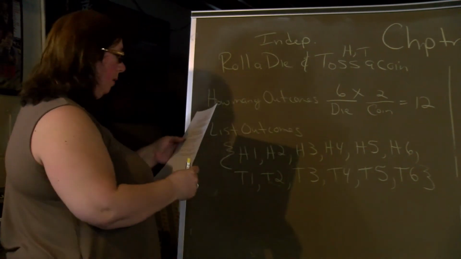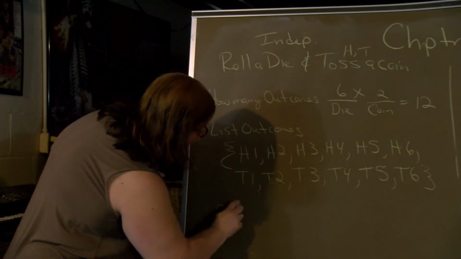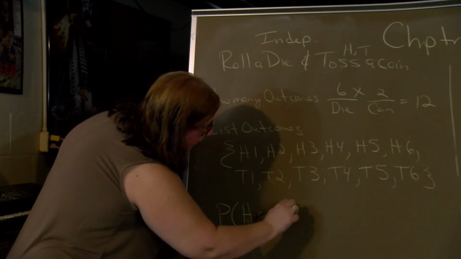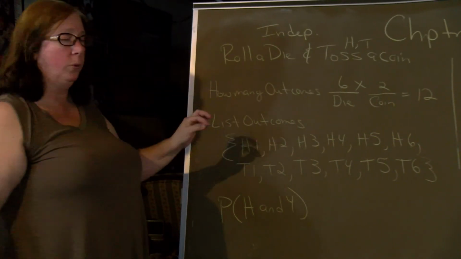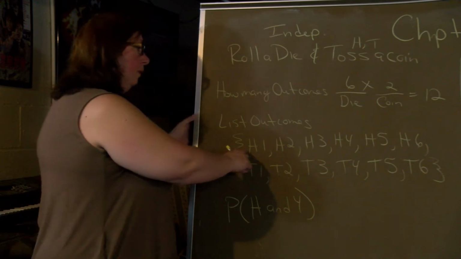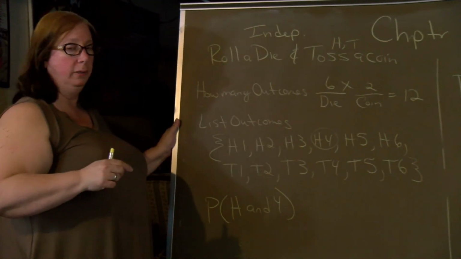And let's look at some probabilities. What about the probability that it's a head and a 4? There's only one that is a head and a 4.